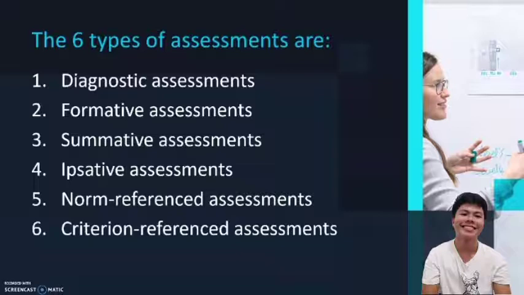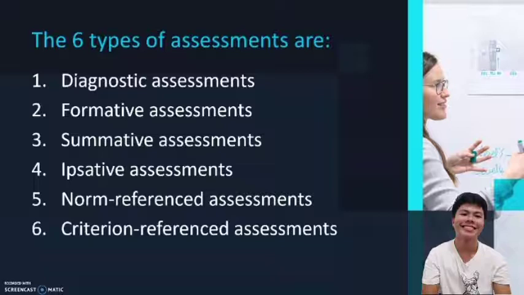This is to determine whether students are making adequate academic progress or meeting expected learning standards. Ipsative assessment. This is to measure or track the progress of the learner by comparing his or her performance or scores from his or her previous performances or scores.